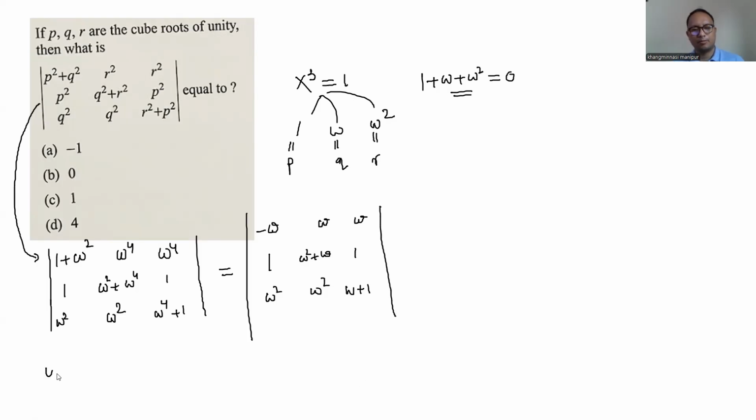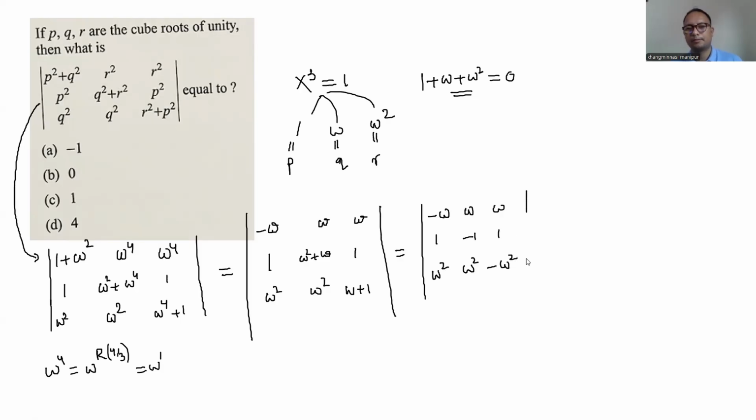Omega 4 is omega to the power 4, which is omega since 4 divided by 3 leaves remainder 1. So the entries become minus omega, omega, omega, minus 1, 1, omega square, and minus omega square.